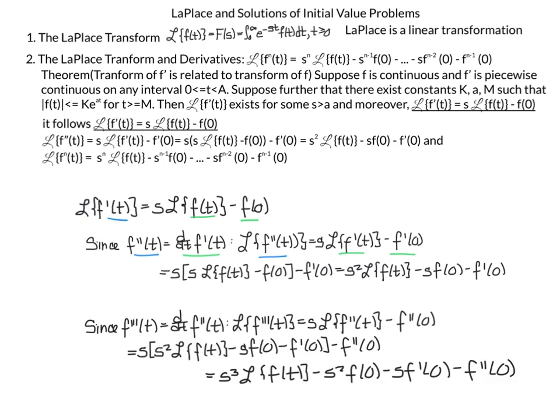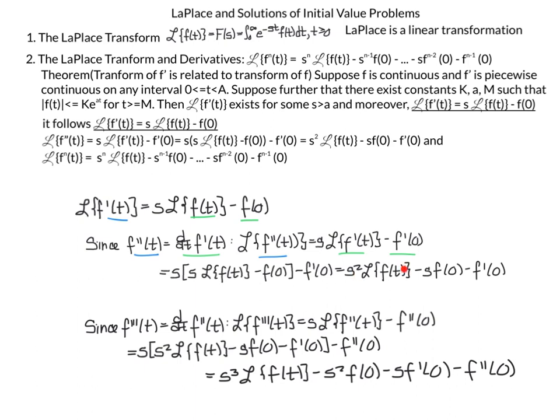Similarly, I can calculate the Laplace transform of the triple derivative of f of t. So that's going to be s L of f double prime of t minus f double prime of 0. And now I can plug in my L of f double prime of t from my previous line.